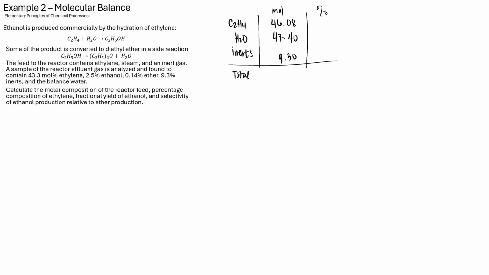So ang total is 102.78. So the percentages are 44.83, 46.12, and 9.05%. So that's 100.